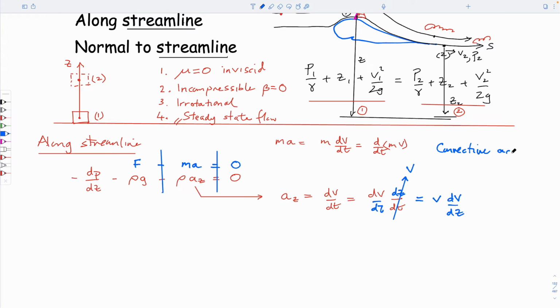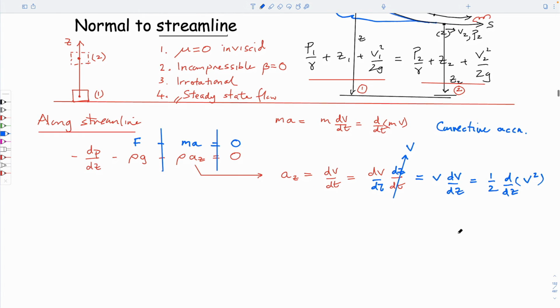Doesn't really matter what the term is. It means that it's an acceleration in space rather than in time. And we can write this as a half d dz v squared. I'll let you prove that to yourself if you want, but that's a standard result.